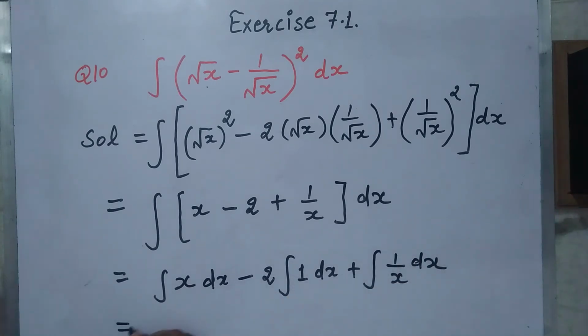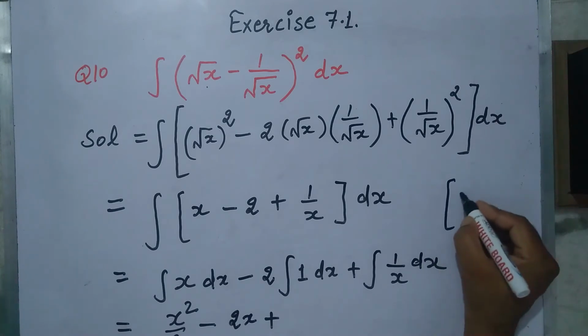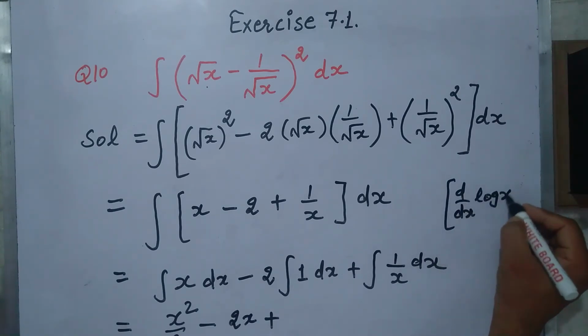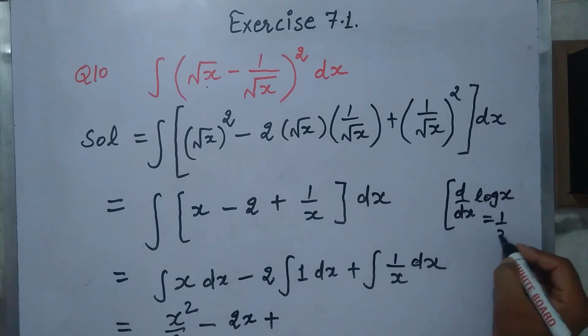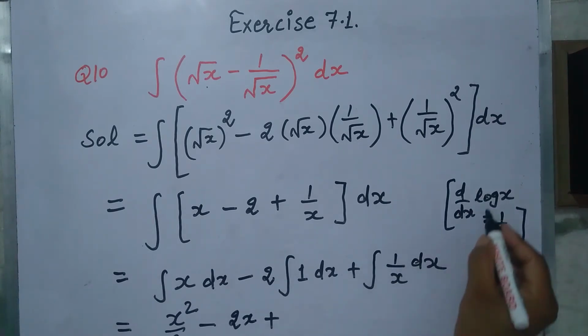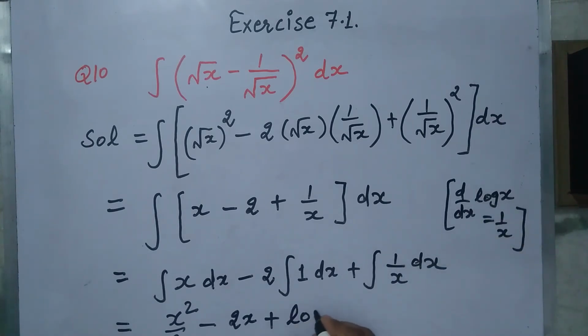So this is equal to integration of x is x square upon 2 minus 2x plus integration of 1 upon x, because derivative of log x is 1 upon x. So integration of 1 upon x is log x plus c, the constant of integration.